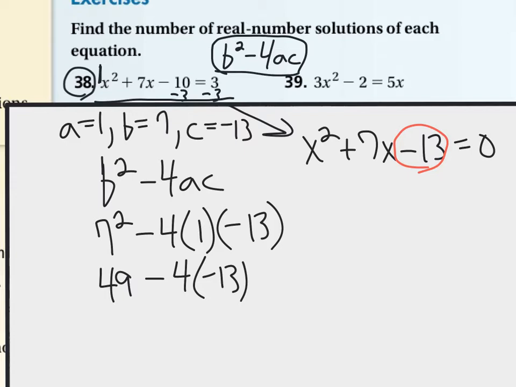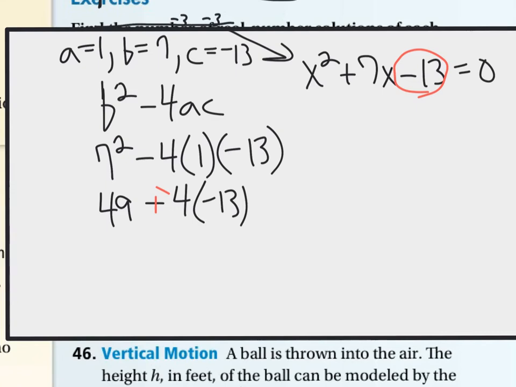And then if you look here, you can add the opposite if you want. You don't have to. But basically we've got -4 times -13. So negative times negative is going to be a positive, and that would be 52. And if you add those together, that's 101.